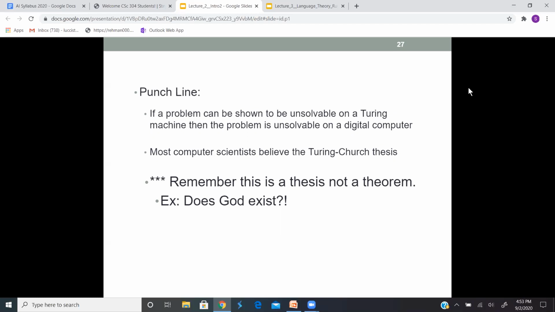So if a problem can't be solved on a Turing machine, it can't be solved on a digital computer, period. And when we say period in English, that means end of the story, end of discussion.